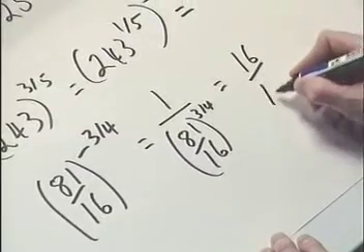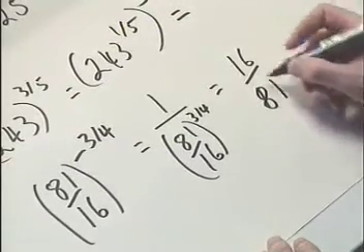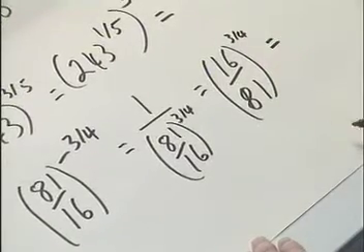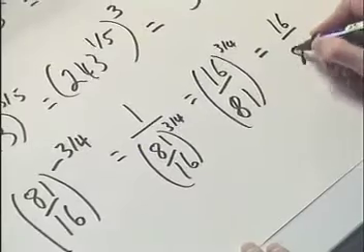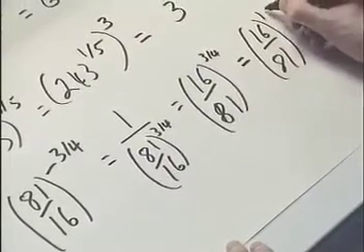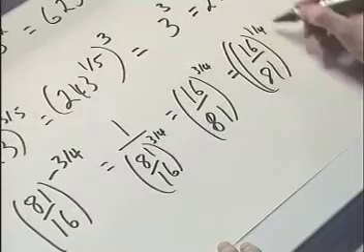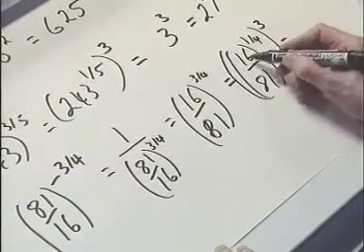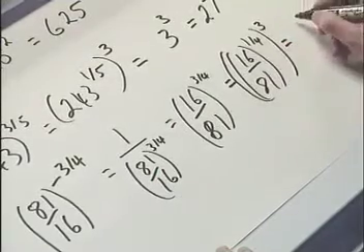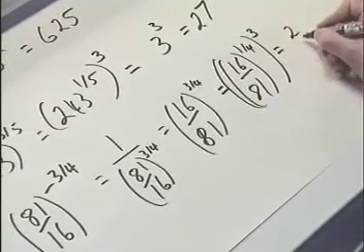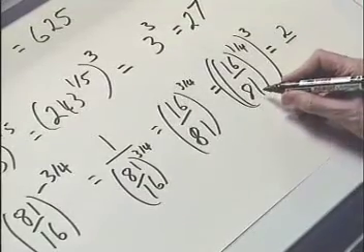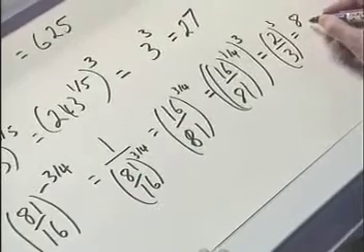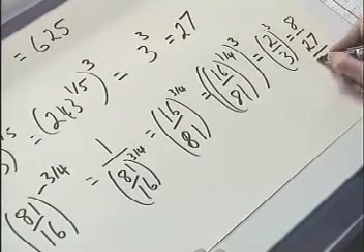So this becomes 16 over 81 raised to the power 3/4, equals 16 over 81, first of all to the quarter, and then raised to the power 3. To the quarter, this is 2 to the power 4 on top. 16 is 2 to the power 4, so that's a 2. And 81 is 3 to the power 4, so that's a 3. And we need to cube that, and that gives us 8 over 27.